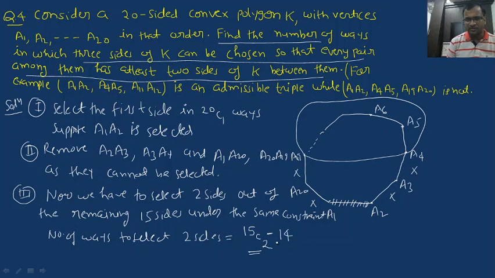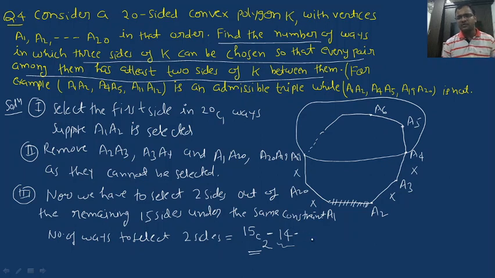Pay attention to this number because the endpoints are not coincident. Therefore, two consecutive sides can be selected in only 14 ways. And if these two endpoints were coincident and these 15 sides formed a closed polygon, then definitely the number of ways would be 15. Okay, so there is a chance of mistake. So pay attention to this number.